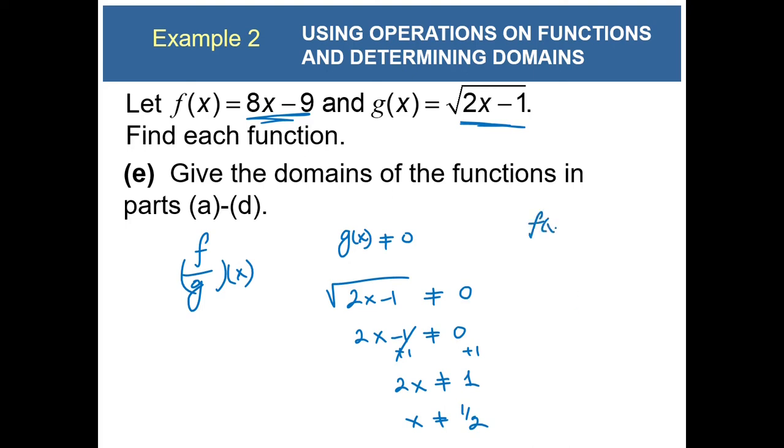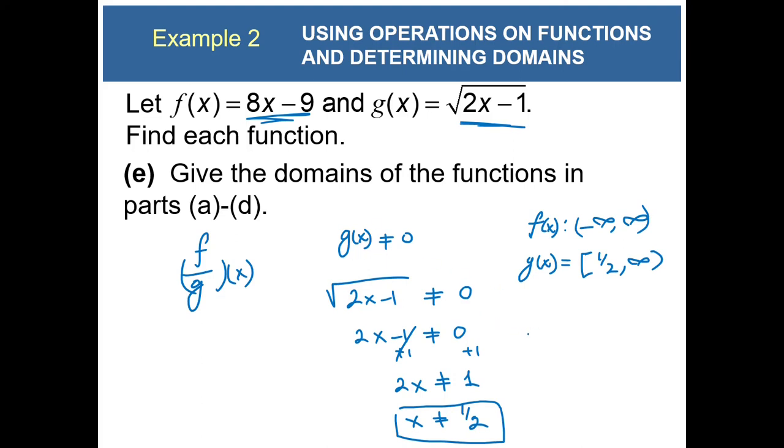Recall the domain of f of x was from negative infinity to infinity. The domain of g of x is equivalent to 1/2 to infinity. But remember, we cannot have a value of 1/2 because that would cause g of x to be equal to 0.